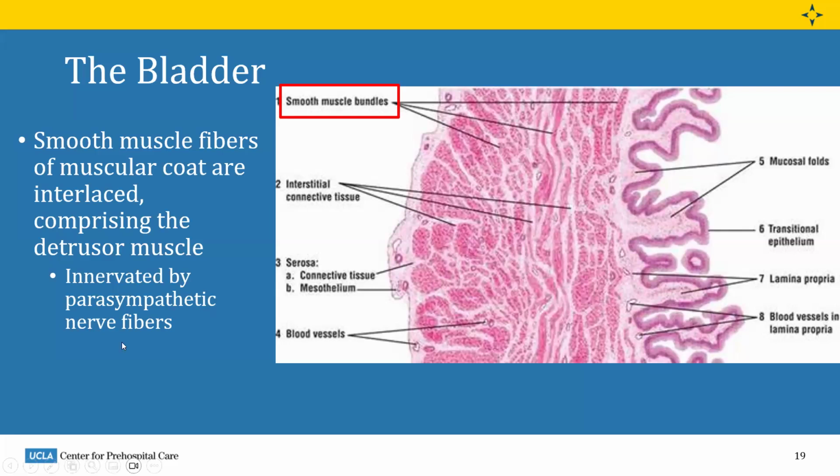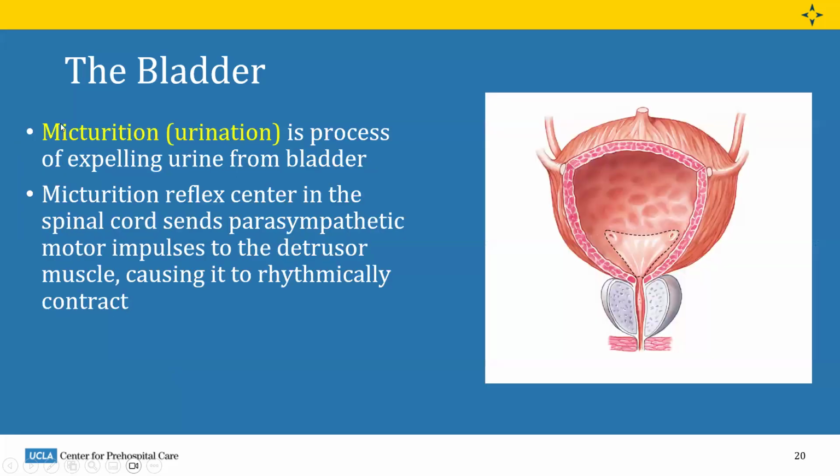The other system is the sympathetic nervous system, our fight or flight, and that's actually going to shut down digestion and urination. Our parasympathetic is what's going to allow our bladder to contract for urination, aka micturition.